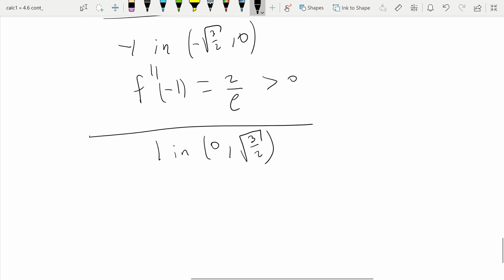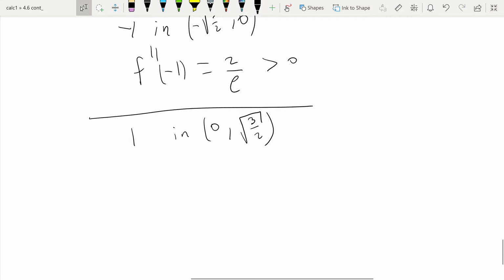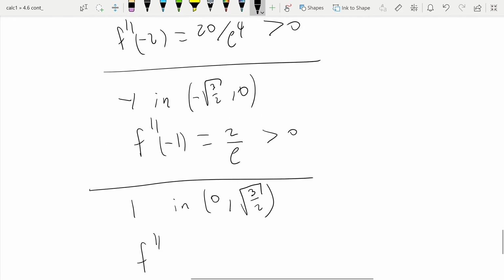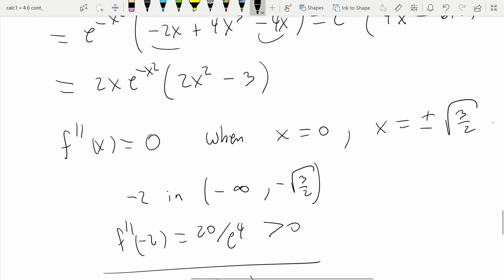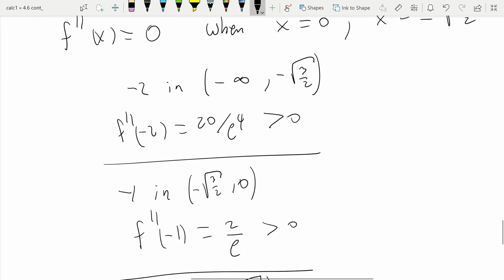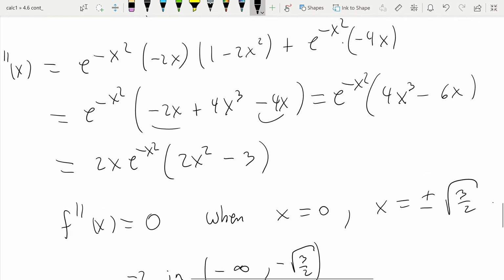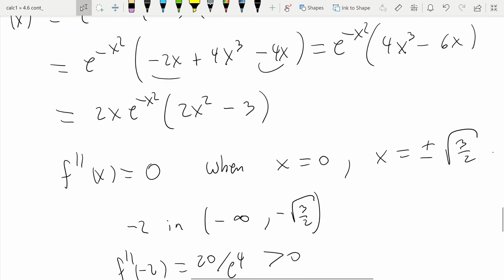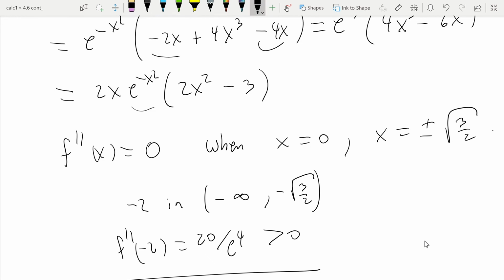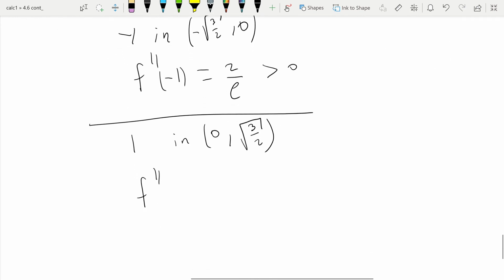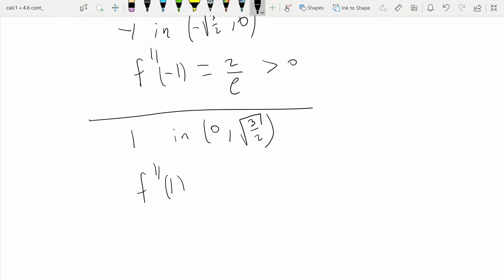This is reflection. So 1 lies in the interval 0, comma, the square root of 3 over 2. And again, the function is, as you see, not even, it's odd. Well, because this is even, and x is odd. So f double prime of 1 is going to be minus 2 over e.